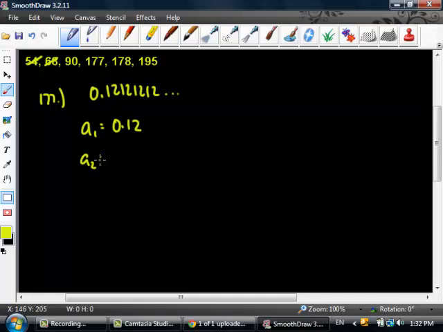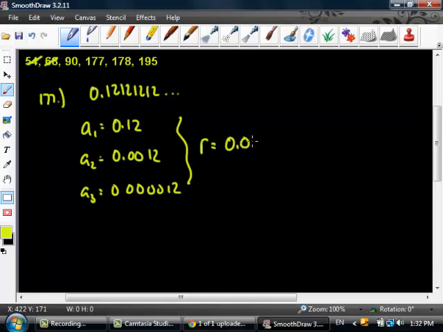A sub 2 is going to be 0.0012. A sub 3 is going to be 0.000012. What is R? Andres? 0.001. Not 0.001. 0.01.